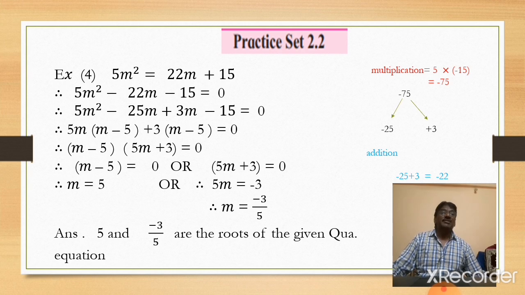Now, we see that the coefficient of the square term is 5 and the constant term is minus 15. So, we get multiplication number 5 into minus 15, that is minus 75.